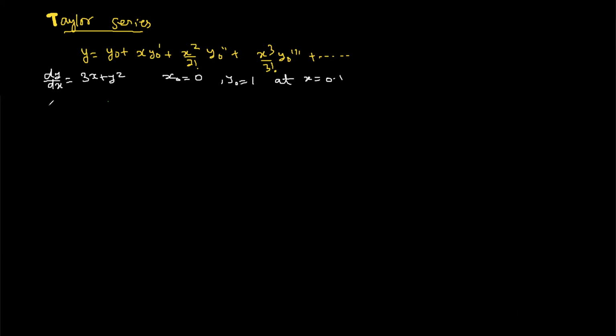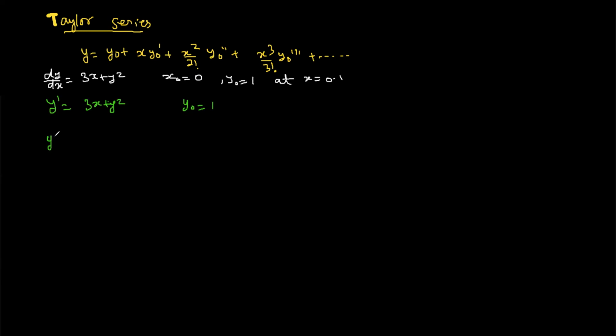So this is what? y dash, dy by dx is y dash. And this is y0, which is already given.